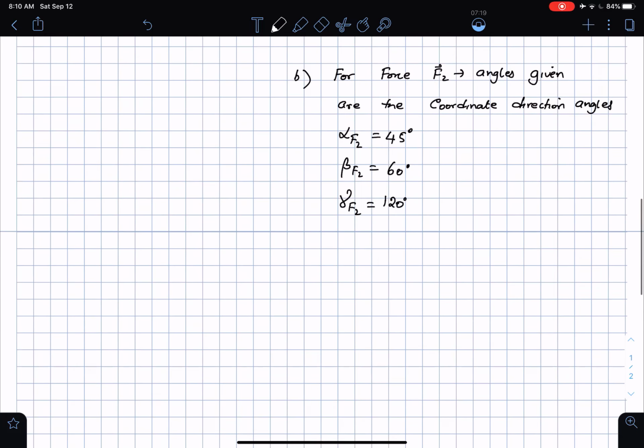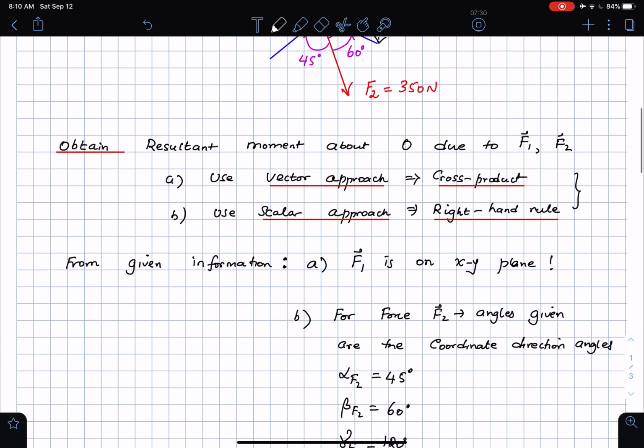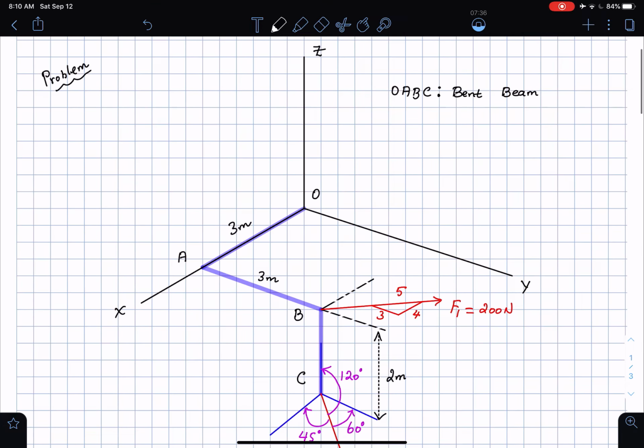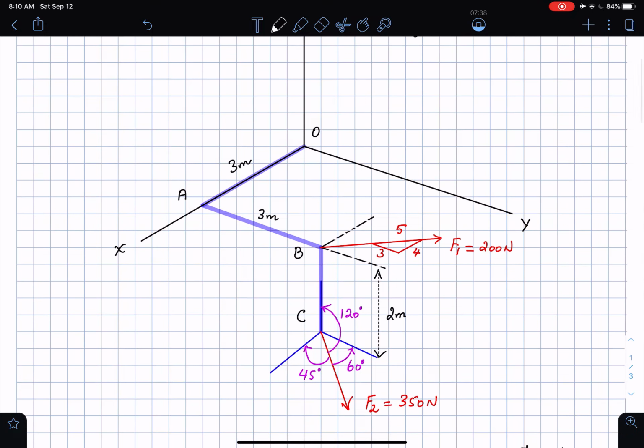Okay, now I'm going to use the vector approach first. In the vector approach, I'm not going to redraw the figure. The first step is I write the forces as a vector. So if I write the forces as a vector, maybe let me do this very quickly.